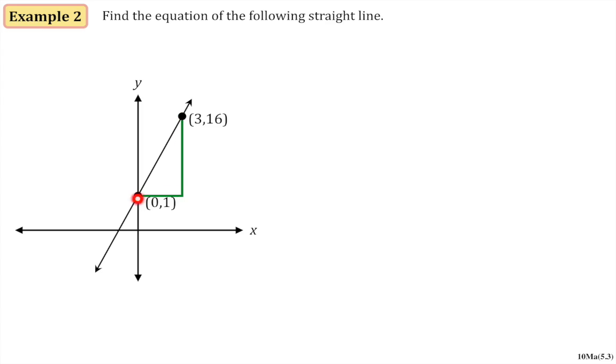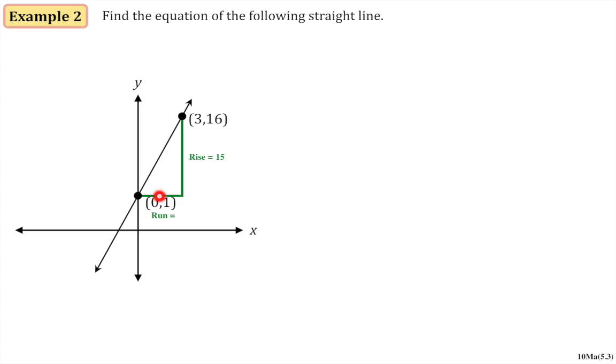If I draw my right angle triangle in, how far or what length or what distance is this rise? Now this point was at 0, 1. This one's out 3, up 16. So this point's up 1 and this one's up 16. From 1 to 16 is a distance of 15. This one's at 0, 1.